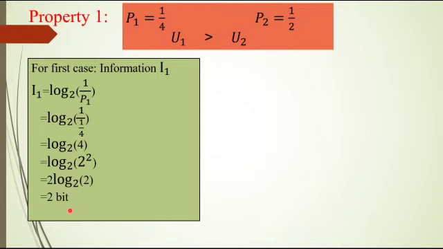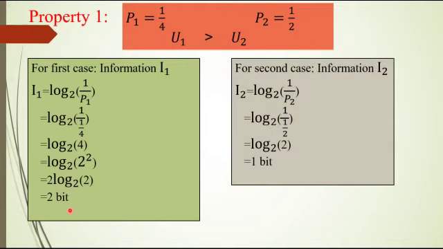Now the second case. Suppose the second case information is I2. So I2 equal to log base 2 of 1 by P2. The value of P2 is 1 by 2, and this 2 also goes to the numerator. So it will be log base 2 of 2 and the result will be 1 bit.